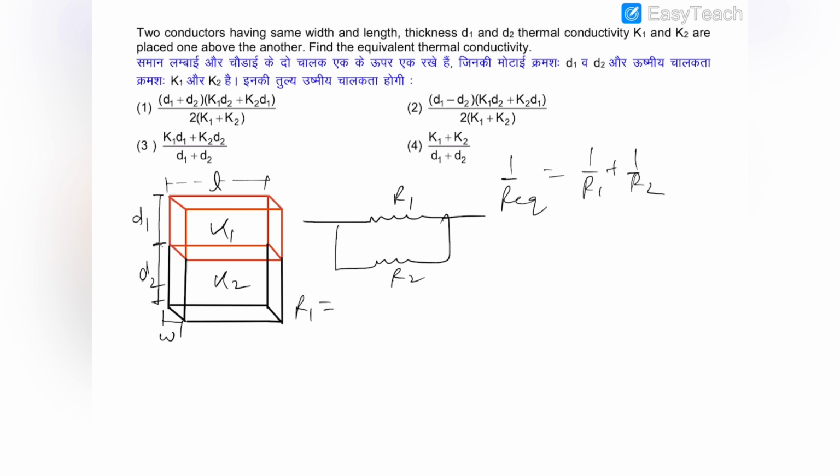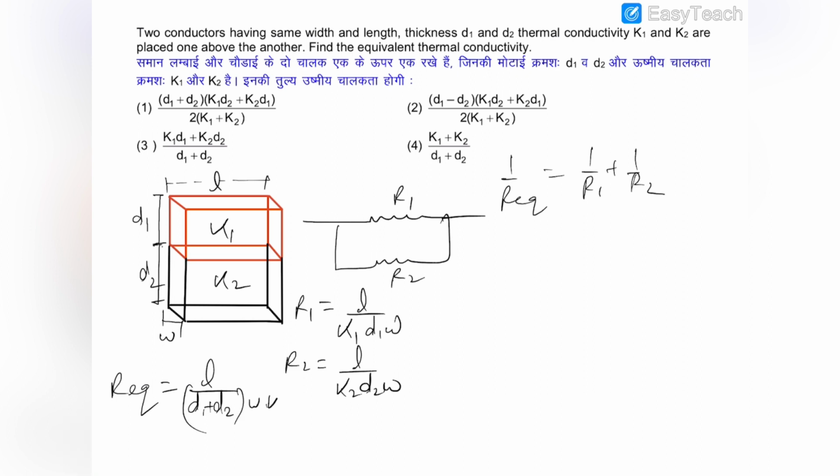And R1 will be L by Ka, where K is K1 and area is D1 into W. And R2 is L by K2 D2 W. Now R equivalent will be the equivalent resistance of these two, and the length of that would also be L. The total area of these two will be D1 plus D2 into W, and equivalent conductivity is K equivalent.